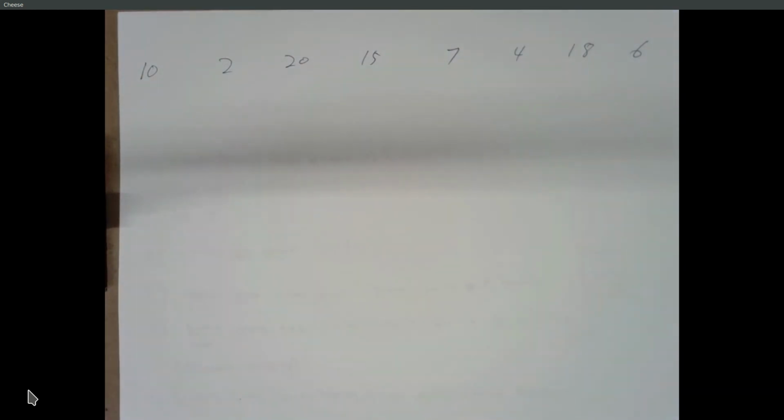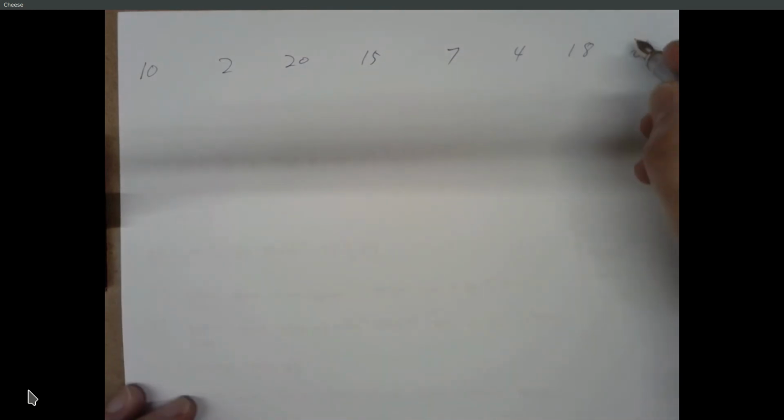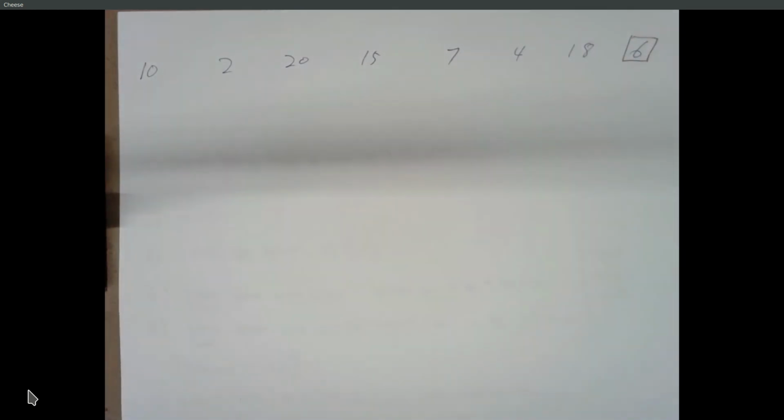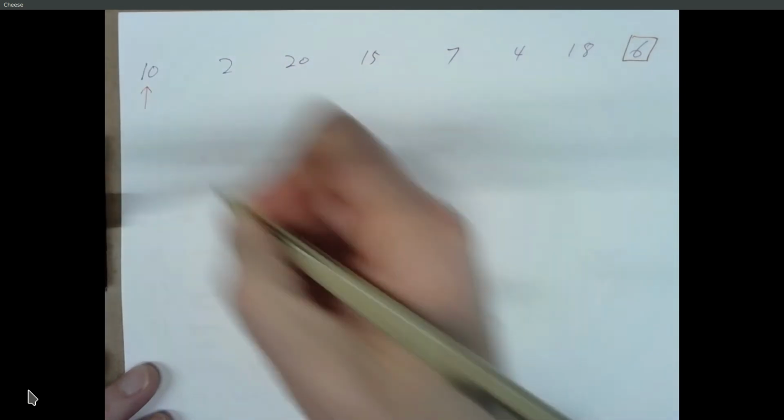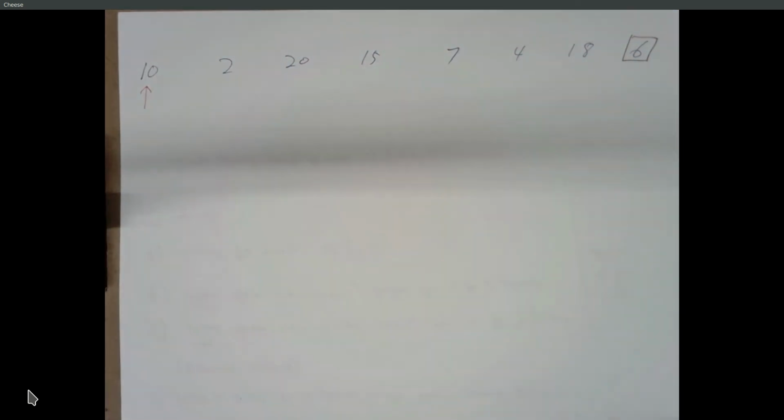All right, so let's do the first step of quicksort on this. So let's still pivot with the last number. And so we start from the left, and we try to find numbers that are bigger than 6. And the first number we try, that's already bigger than 6. So we stop right there.